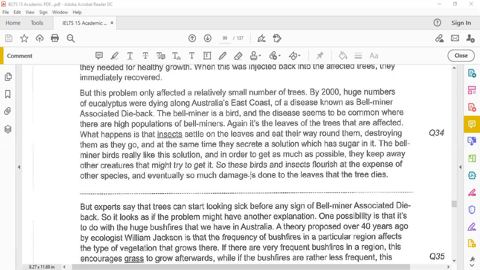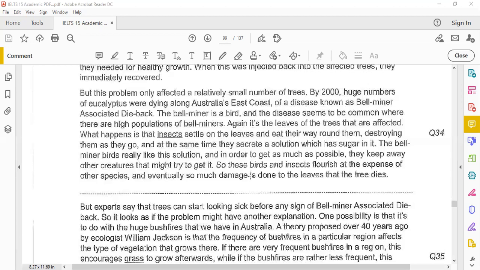What happens is that insects settle on the leaves and eat their way around them, destroying them as they go. And at the same time, they secrete a solution which has sugar in it.